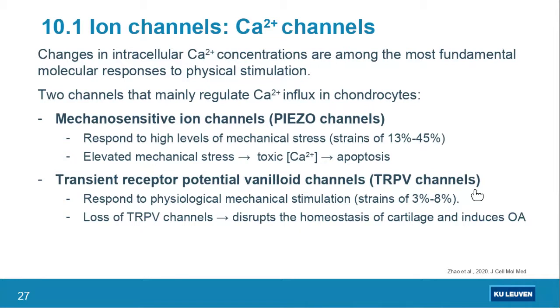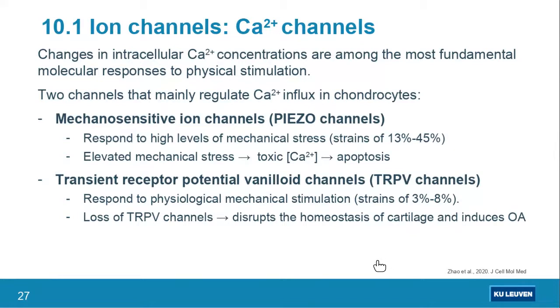Since this type of channel is more related to physiologic stimulation, the loss of these channels has been proven to be associated with the disruption of cartilage homeostasis and therefore with a role in osteoarthritis development. There are more types of ion channels, but these two are currently known to play a very important role in the mechanotransduction process in chondrocytes.